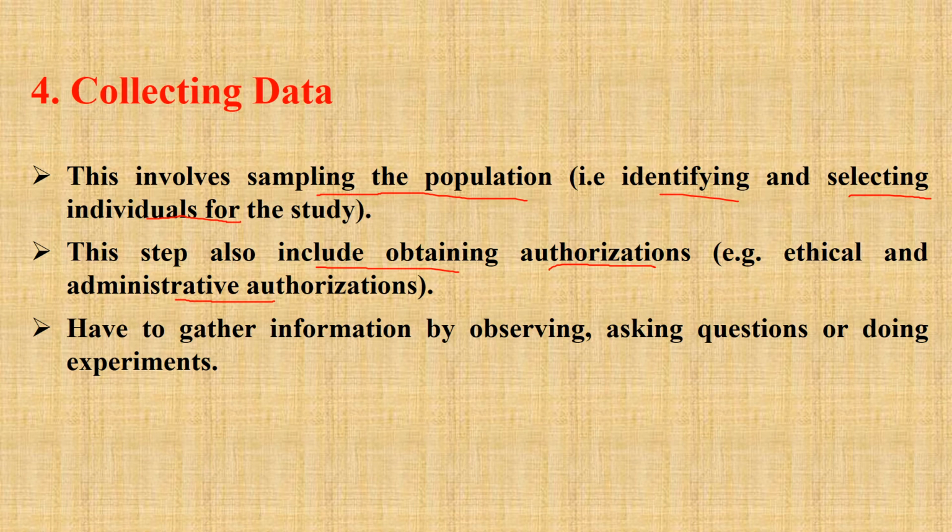Like in Cameroon, you need the DROS, which is an authorization from the Ministry of Health. Okay, so after obtaining your ethical clearance and authorization from the institution where you have to carry out your research, you also need an authorization from the Cameroonian Ministry of Health in order to carry out research on humans.